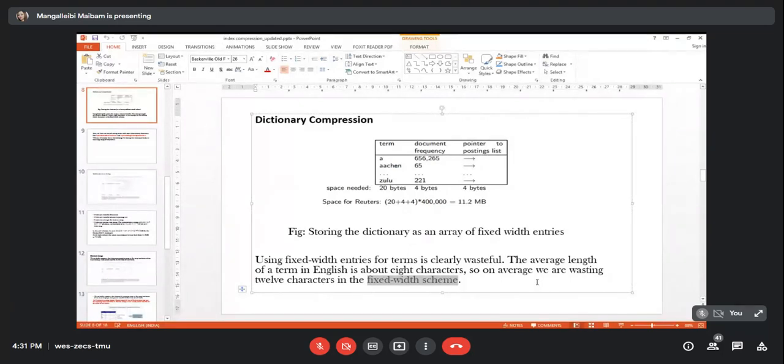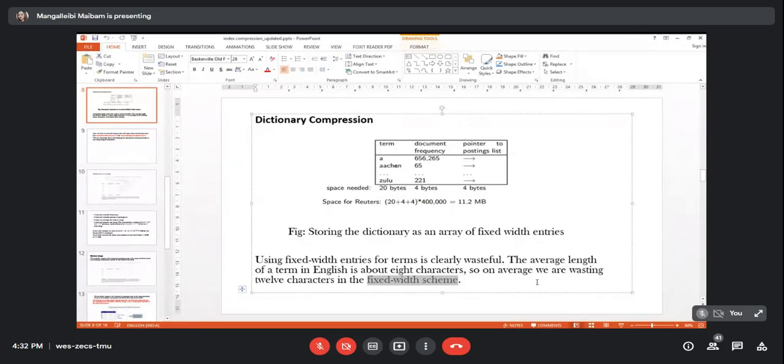So on average, the length of an English term is approximately 8 characters, which means only 8 bytes. So when we store 20 bytes, we are going to waste about 12 bytes.